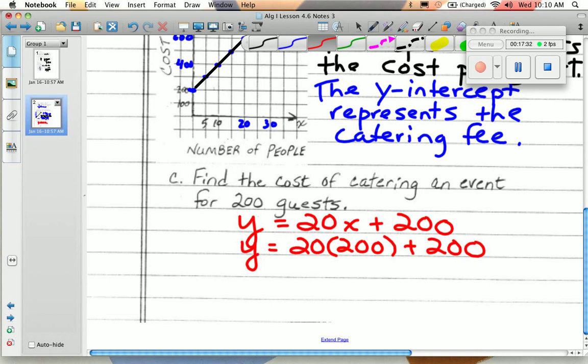We don't even need a calculator for this. 20 times 200 is 4,000. So y equals 4,000 plus 200. Well, how hard is it to add 4,000 and 200? Better not be hard, right? So what is our answer? $4,200.